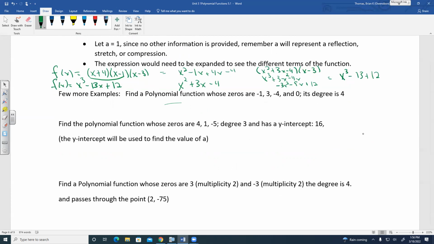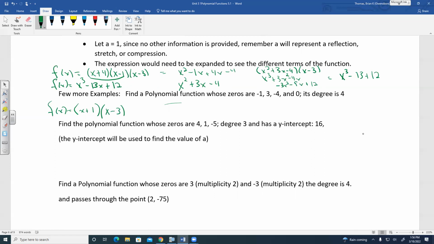So to do that, I'm going to have f of x equals this. Let's have a -1, so it's going to be x plus 1. The signs go backwards. So I'm going to write the factors here again. Those are the zeros, and I can change the zeros into factors. So that 3 is going to make that an x minus 3.